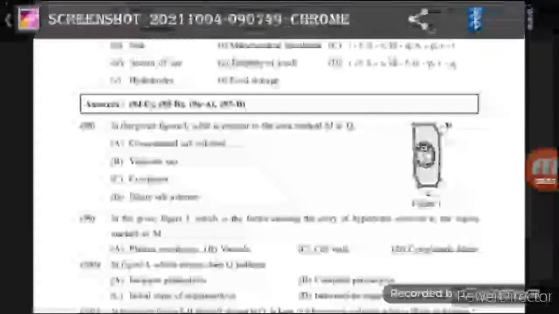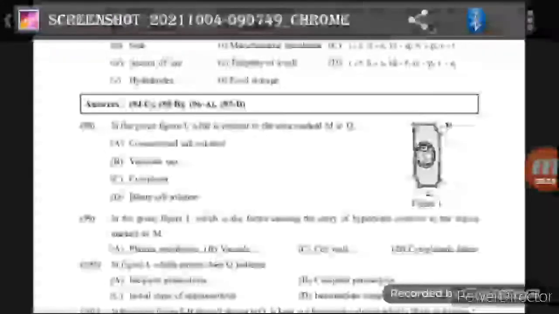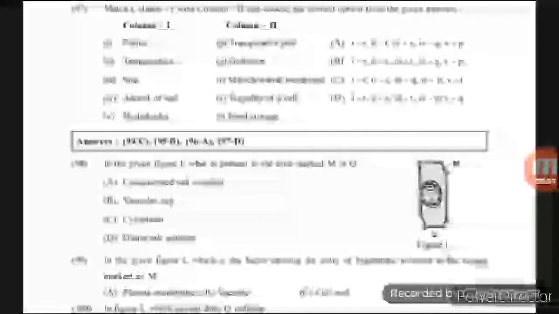So the first question on this diagram is: in this diagram, what is present in the area marked M and Q?